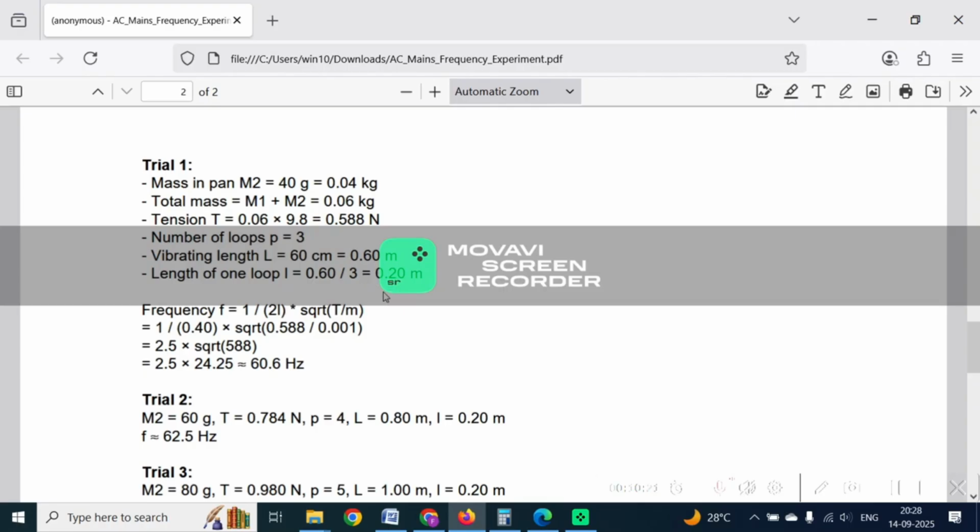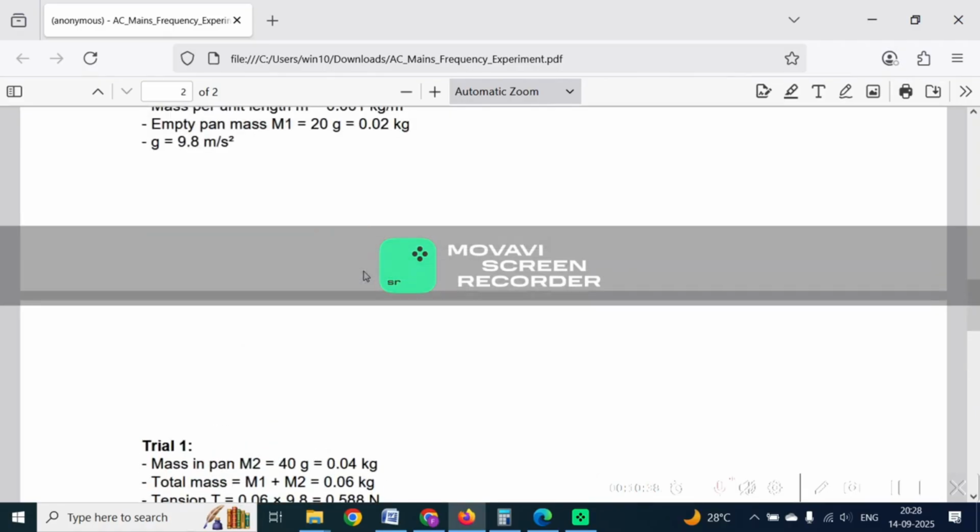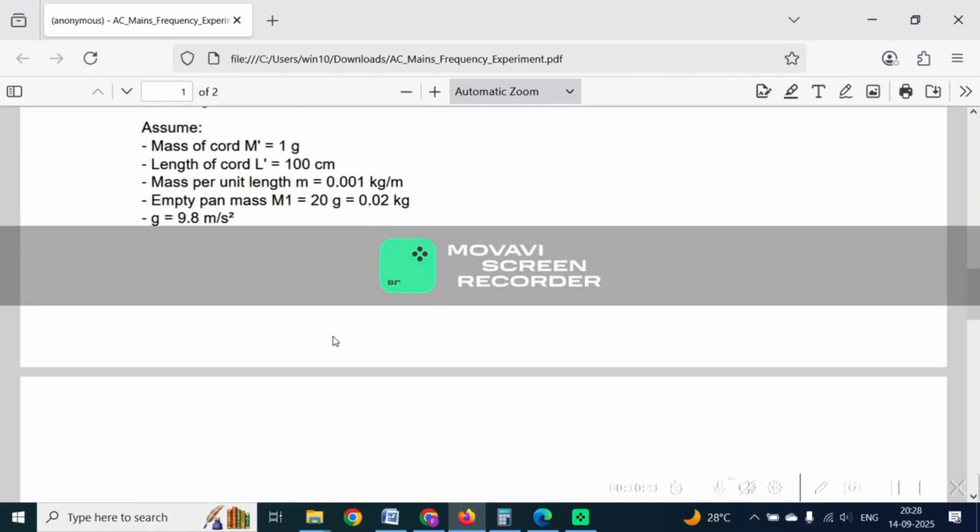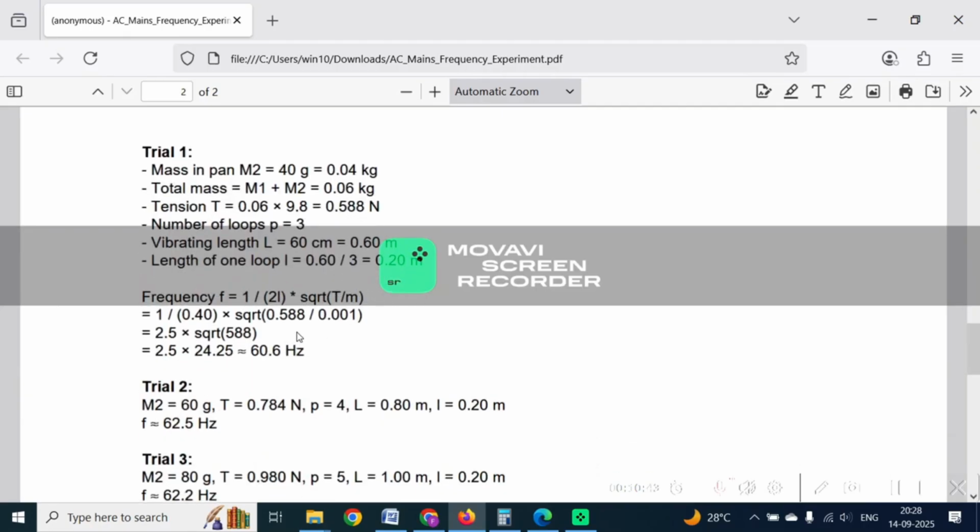When you multiply this by 2, we get 0.40, into square root of T upon M. Now T is 0.588 Newton and M is given here, it is constant. When you calculate these two values, 2.5 into square root of 588, the value is 24.25, which is approximately equal to 60.6 hertz.